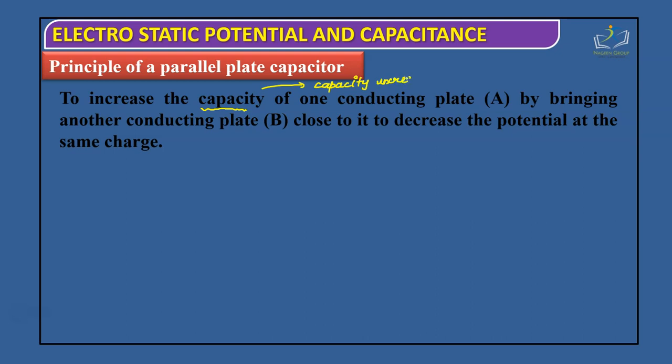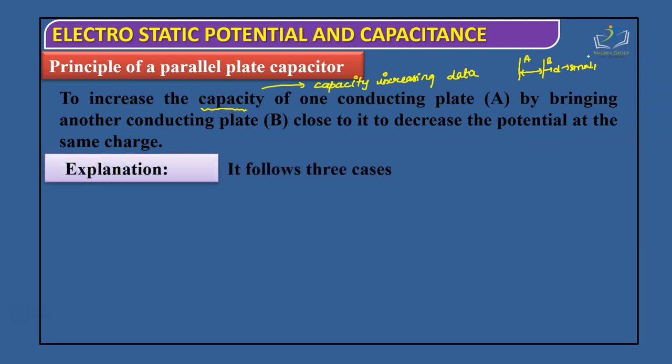Take one conducting plate A and another B. Suppose this is A and this is B. Again, the distance D is very small. Clear?